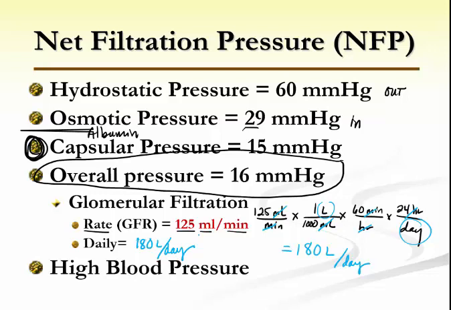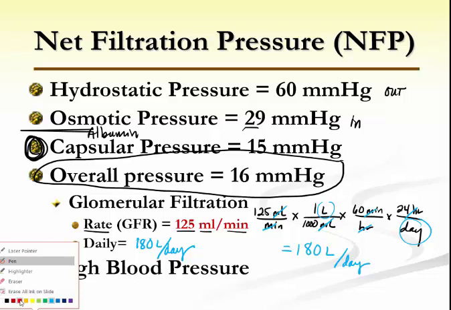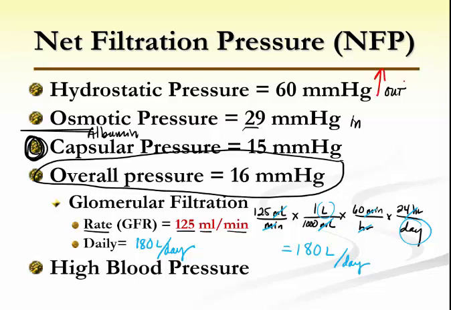All right, now you can also see how high blood pressure conditions, such as individuals that have heart failure and so forth, also have kidney trouble. If we increase our hydrostatic pressure, let's say to 70 millimeters of mercury, and osmotic pressure stays the same, and so does capsular pressure, that leaves us with 26 millimeters of mercury pushing filtrate out of the bloodstream.